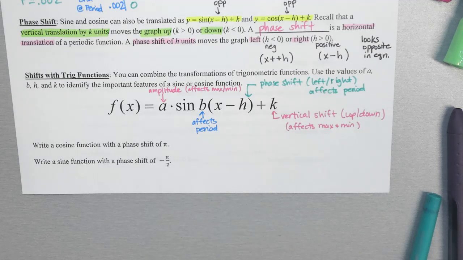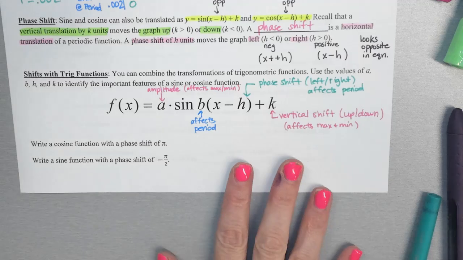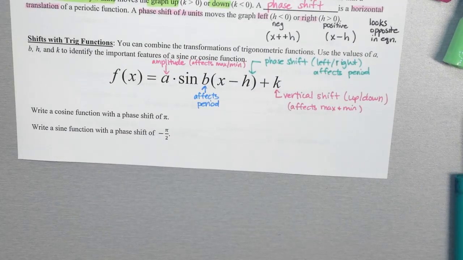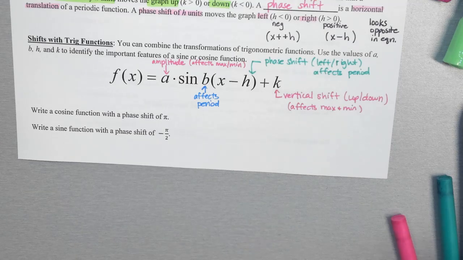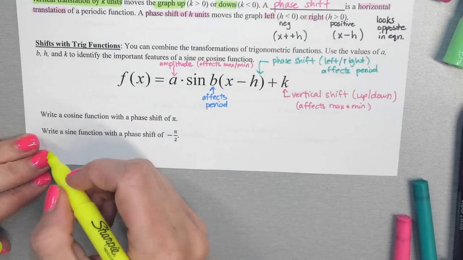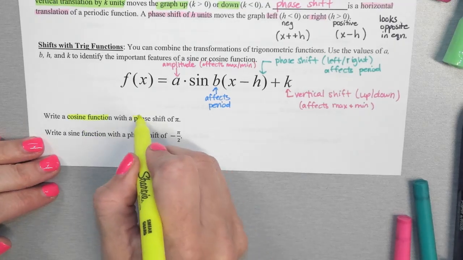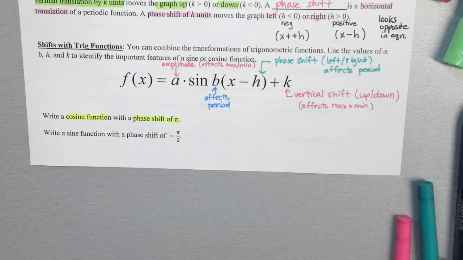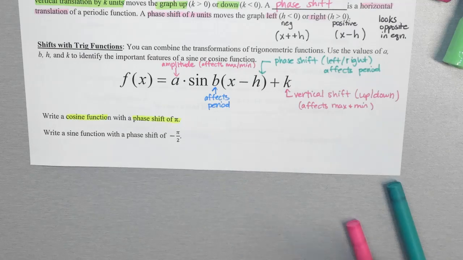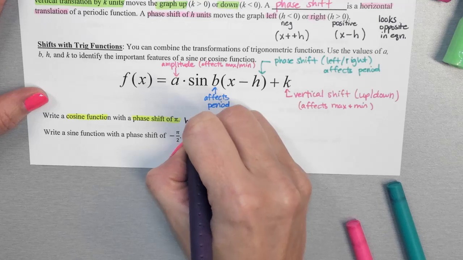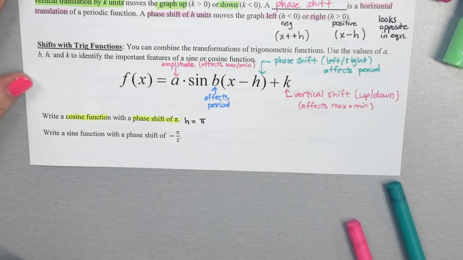Okay, and then before we start our graphing examples, let's make sure we understand what this is going to look like in a function. So we're going to write a cosine function that has a phase shift of pi. Okay, so if we write a cosine function with a phase shift of pi, that means your h value is pi.